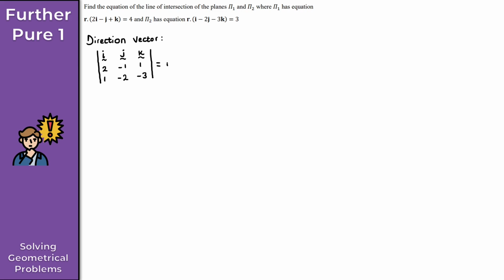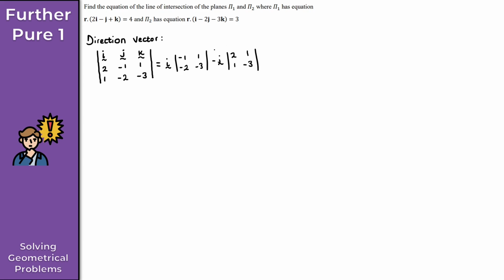So what do we get? I get i times, across this row and column, the determinant -1, 1, -2, and -3. Let's keep going. We now get -j times the remaining 2x2 determinant, so 2, 1, 1, and -3.